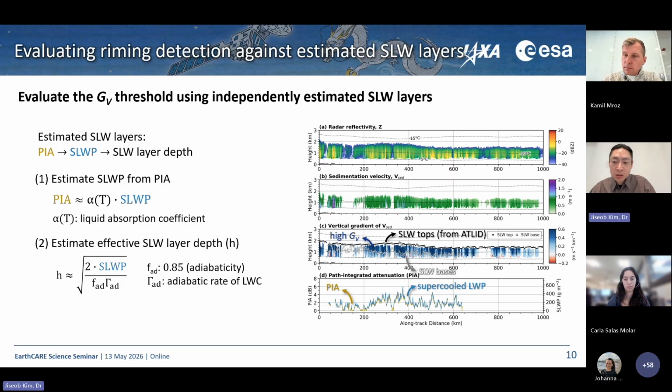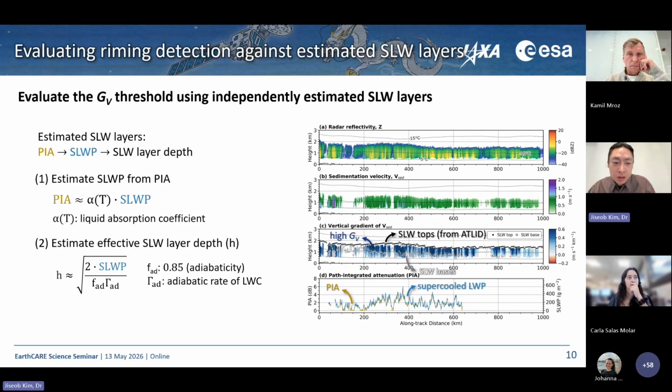First, the supercooled liquid water top is detected by ATLID, the black dot here. Then using the path integrated attenuation from CPR, we can estimate the liquid water path. This is based on liquid absorption models. If we know the temperature-dependent liquid absorption coefficient, we can derive a liquid water path from the PIA based on this relationship. And of course, this assumes that the clouds are fully below 0 degrees.